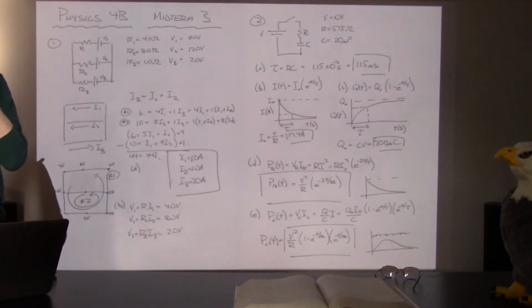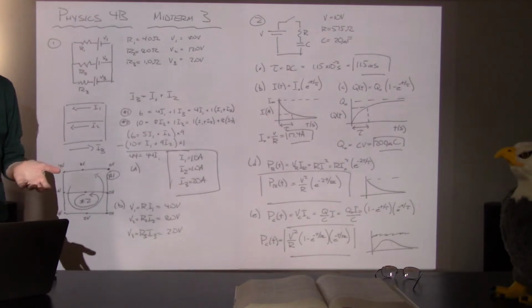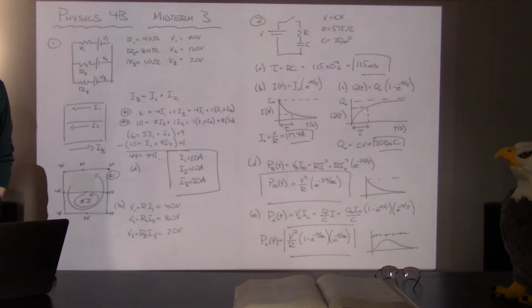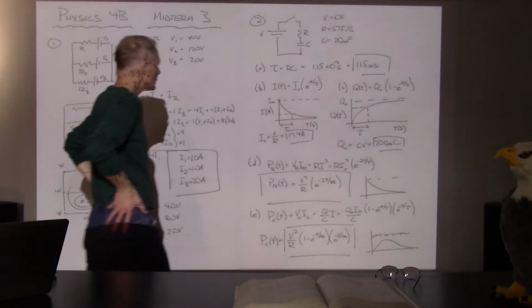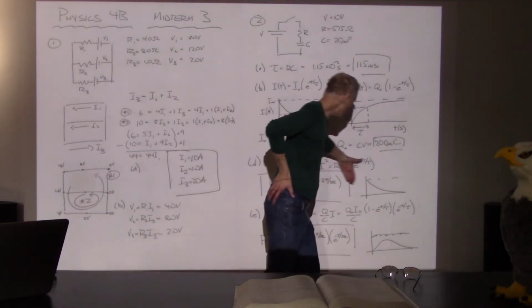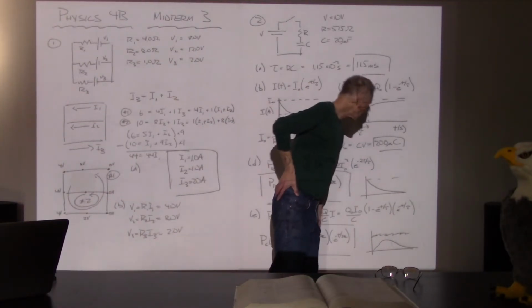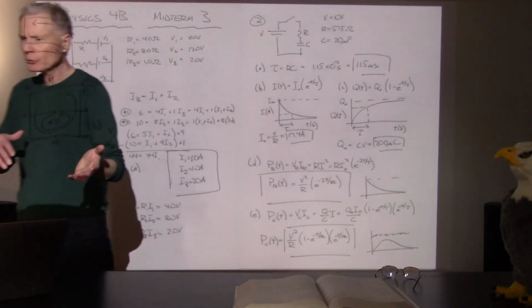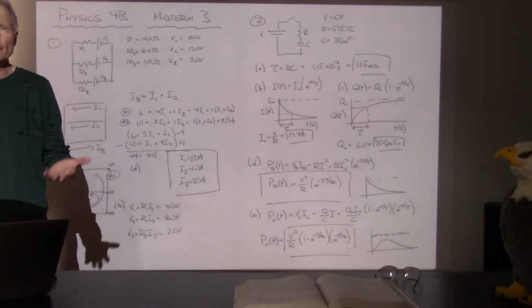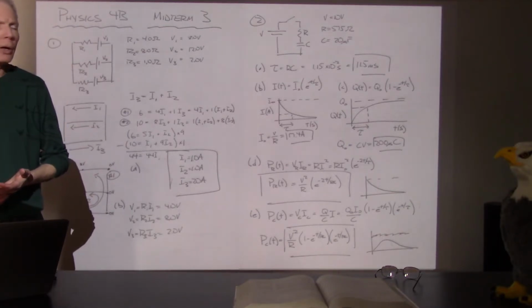Okay. Interesting. How would we determine how much energy the battery provides while charging this capacitor? To do that, you would integrate these functions from 0 to infinity. By the time the capacitor is fully charged, we might as well just integrate out to infinity to include all that.